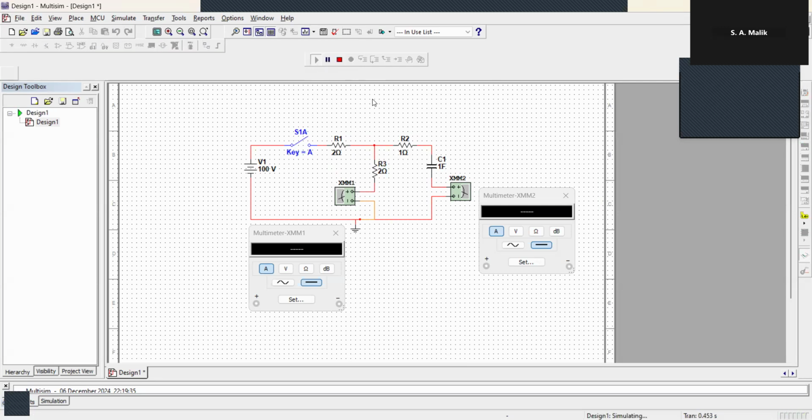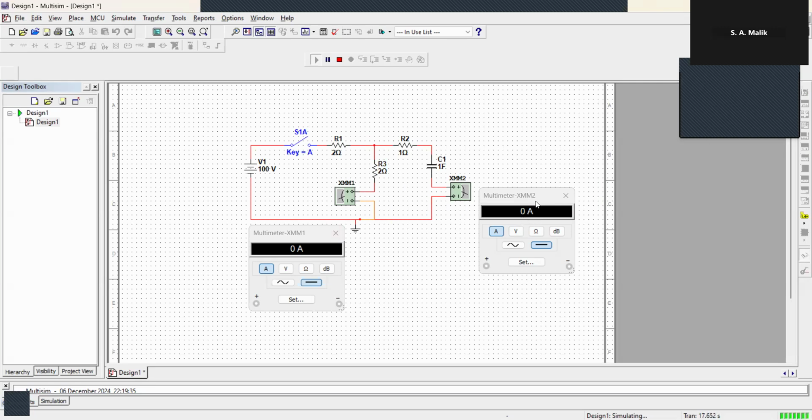Okay, let me turn on the simulation. As you can see, there is no current because the switch is not connected yet. Let me close this switch here. You can see the initial value of the R3 current is 12.5 amperes, and the initial current of the capacitor is 25 amperes. Now there is a lag in the recording, so you may not see exactly 12.5 and 25.